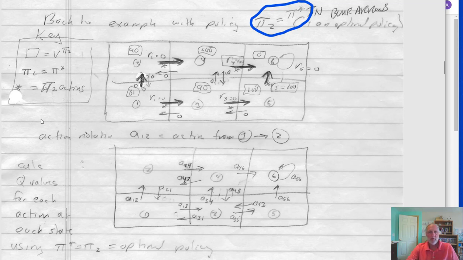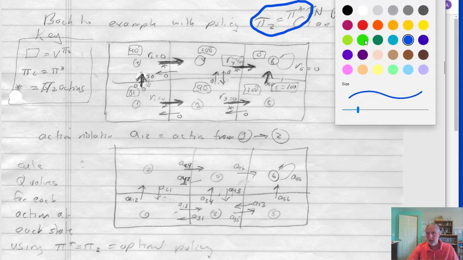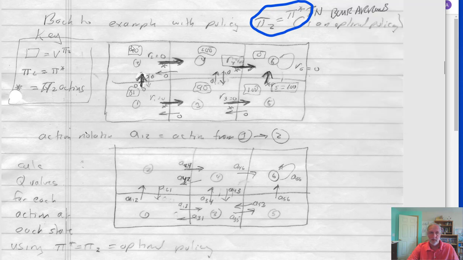So I'm going to grab the results from the previous example, and let me highlight these in green. So in the boxes are the V functions that we calculated last lecture for each of the states. And we did that with the policy pi2.